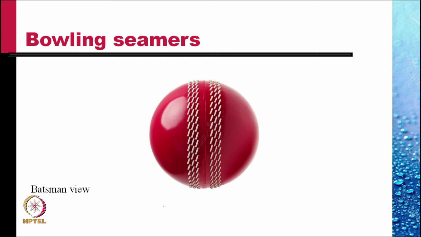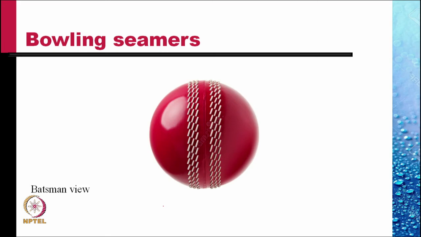However, when it lands, the seams can make it go in either direction, to the left for a ball seaming in, or to the right for a ball seaming out. But this is not in the control of the bowler.